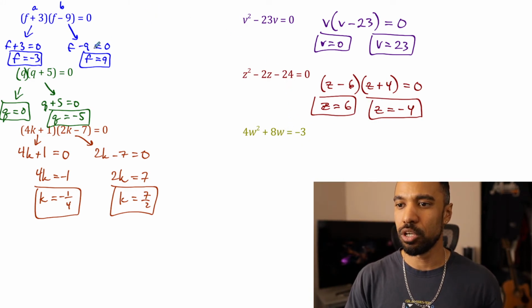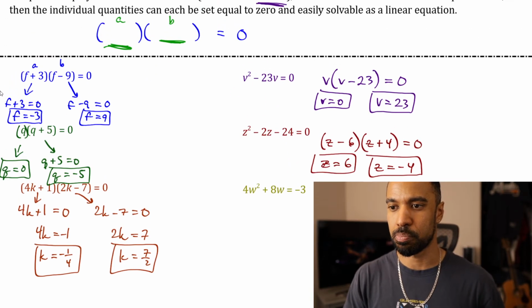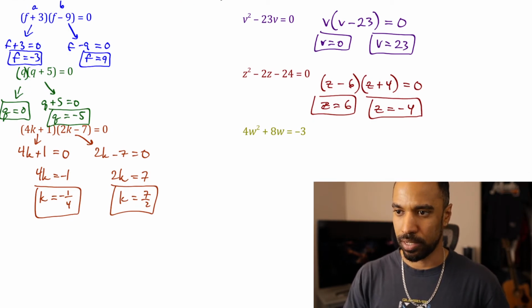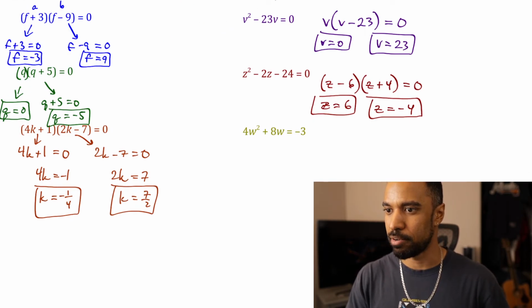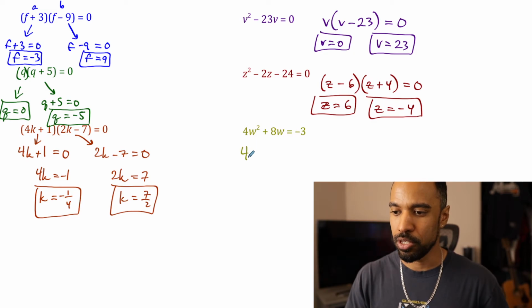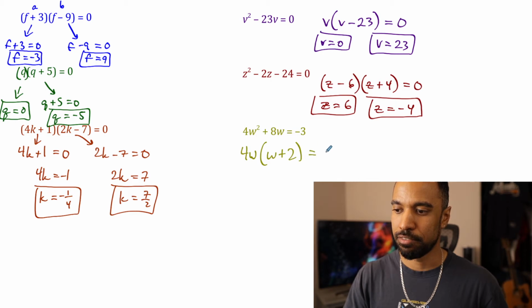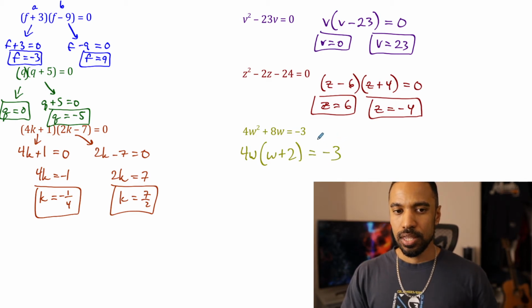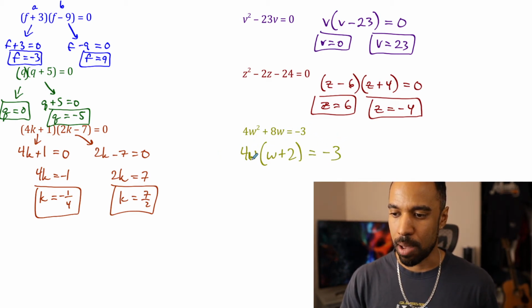All right, this one's going to be a little more work here. Now, a couple things to this problem. You might notice that, hey, you have a greatest common factor here of 4w. All right, let's take a 4w out of this thing, and then instead I have w plus 2 equals negative 3. Here's the thing. You have to remember what our property is called.